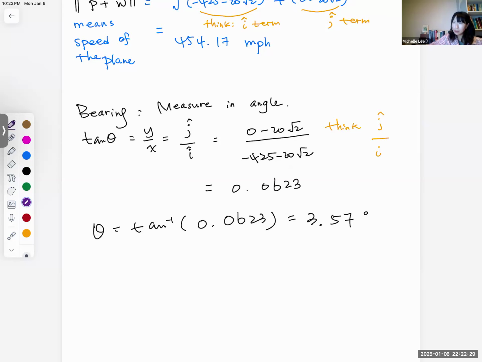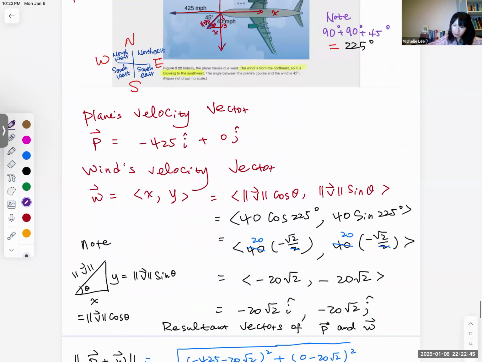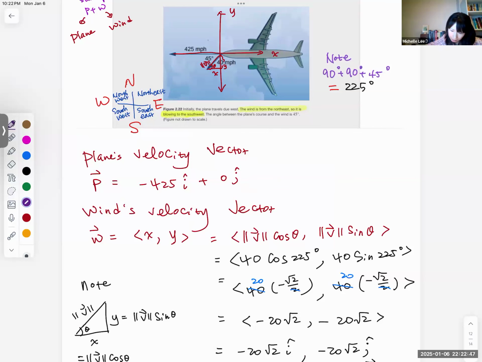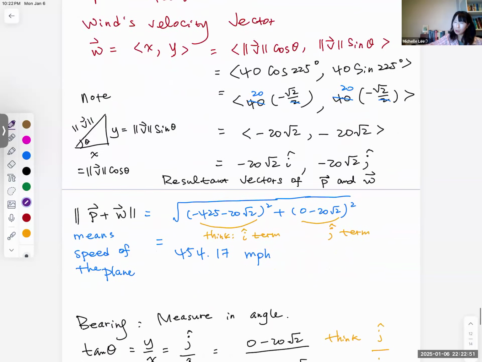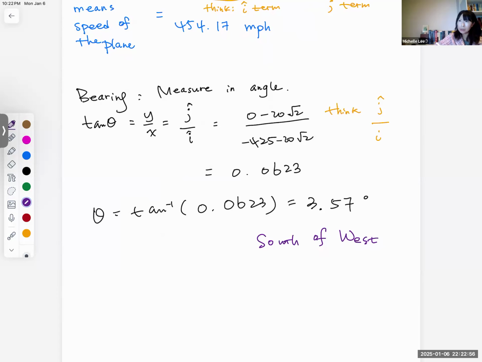This is south of west. They say this is southwest. And also, we need to think about the domain of the inverse tangent.